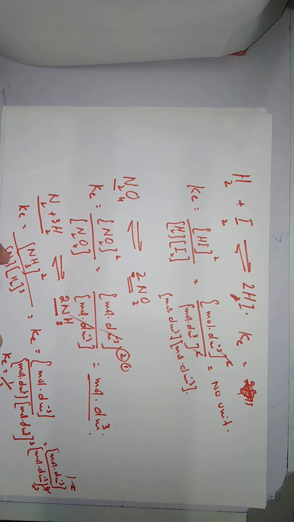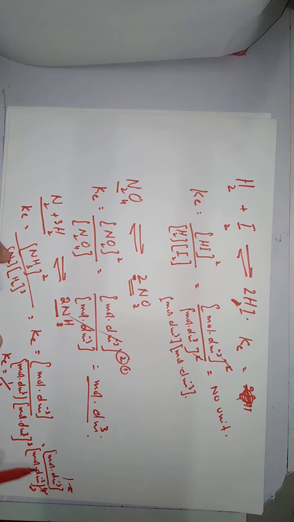In this case, if we move the 2 in the upper direction to the product side, then it becomes Kc, this 2 multiplied with mole per decimeter cube, and this 2 goes to minus 2.